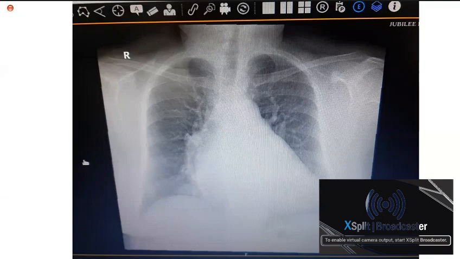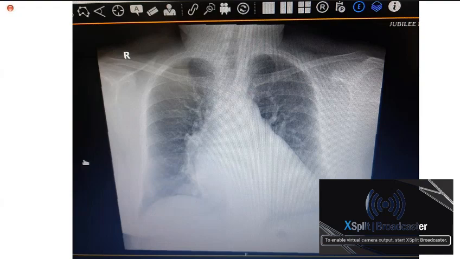CTR is around 0.6 to 0.7. Very good. And then there is LA enlargement. There is also apex that is more of LV type. There is RA enlargement as well. And there is, I think, a double.